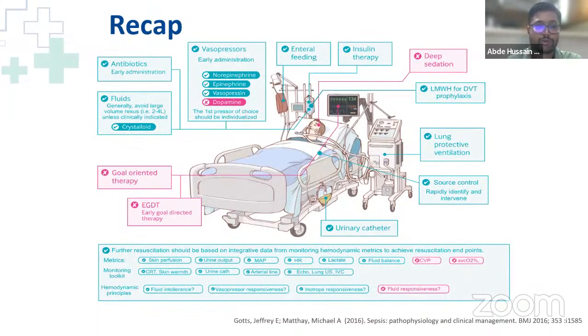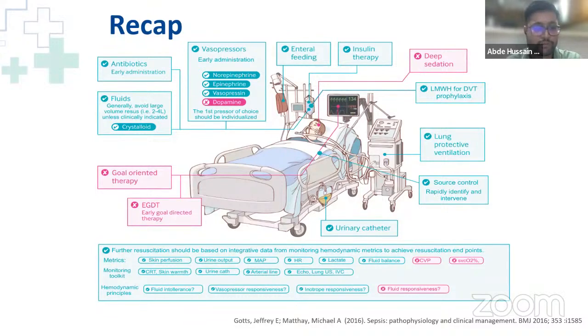So just a recap of what we need to take care of in sepsis patients: early antibiotics, the correct amount of fluids, vasopressors if the fluids have not achieved their aim of regulating the hemodynamics, then initiating enteral feeding with supplemental insulin therapy if required, deep sedation not required, low molecular weight heparin for DVT prophylaxis, lung protective ventilation in cases of ARDS, and source control: we should rapidly identify the microbiological source and also control it.